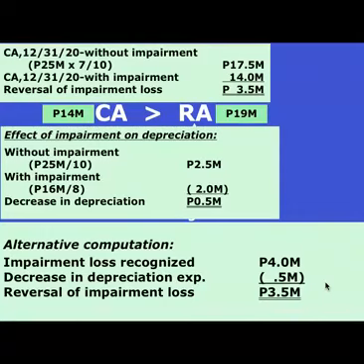Okay? Of course, kung ang naging effect ng impairment ay increase in depreciation rather than decrease, ang gagawin natin, add the increase in depreciation. Okay? Pati yung additional depreciation na yun, pwedeng i-reverse. In case nag-increase instead of decrease. And by the way, dahil silent ang problem, ang assumption natin dyan, anong model ang ginamit ng company?